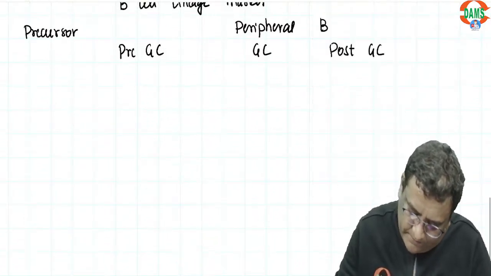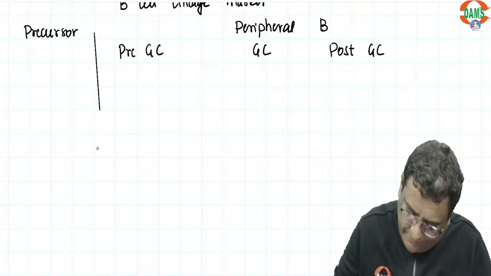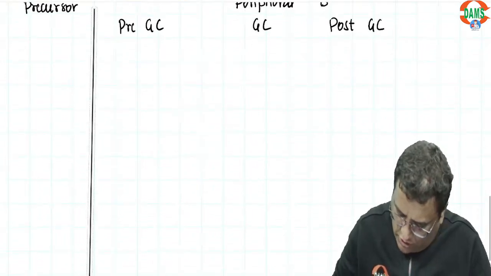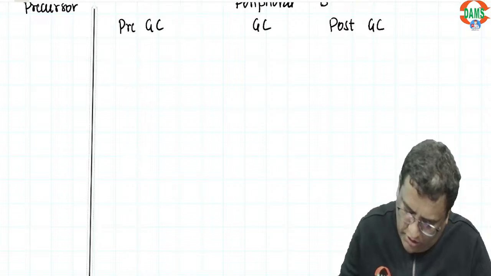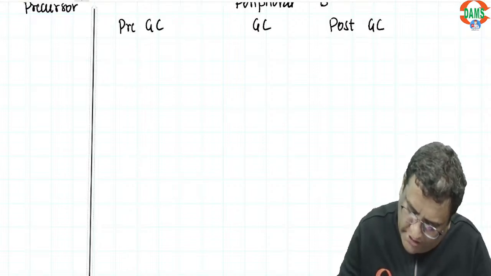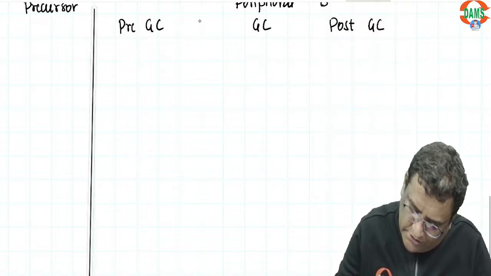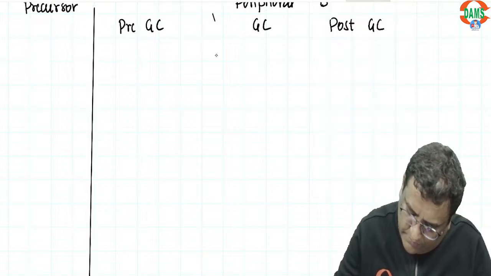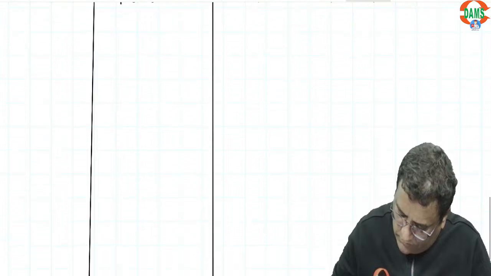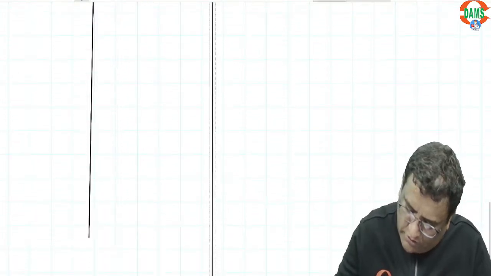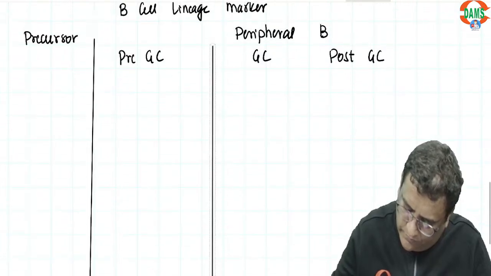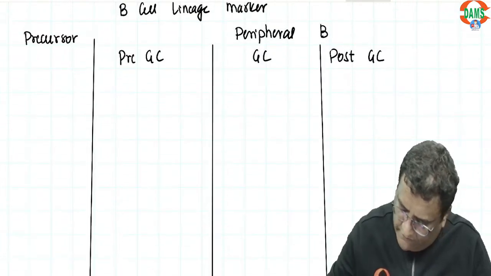So we are having precursor. Let me make a long arrow here, a little bit long, so that we end up writing more things. Then pre-germinal, then let us write germinal also, and post-germinal like this, right?